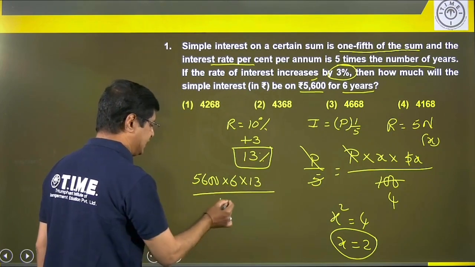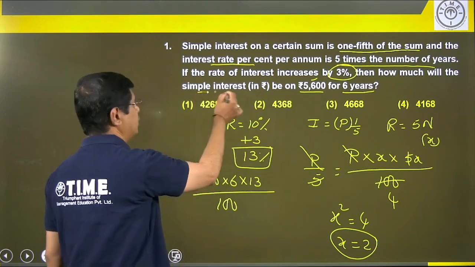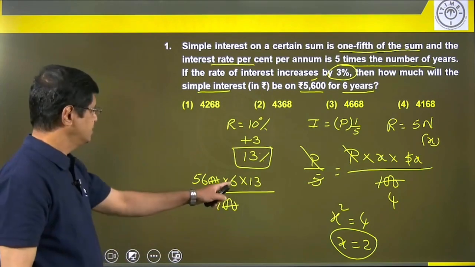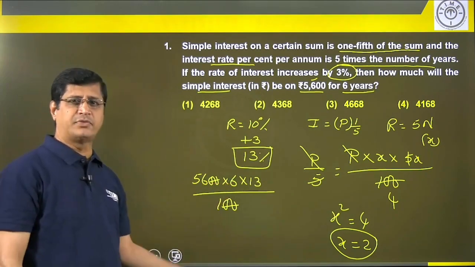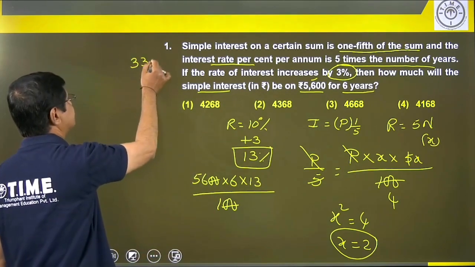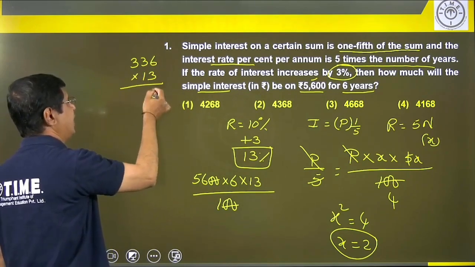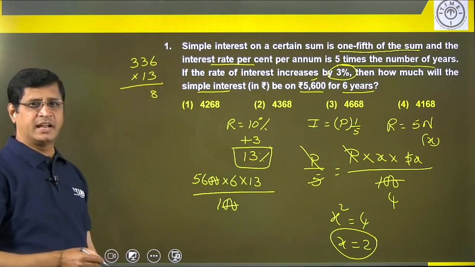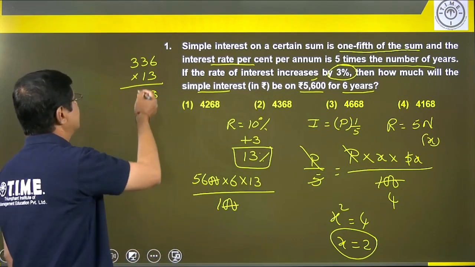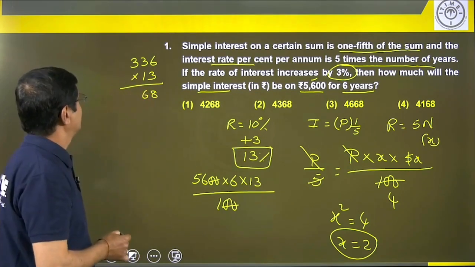Find out the interest value. How much will be the simple interest? Now 0 and 0 get cancelled here. Solving this, 6 times 56: 6 times 50 is 300, plus 36, so 336 into 13. 6 into 13 is 78. 3 times 13 is 39 plus 7, that is 46.